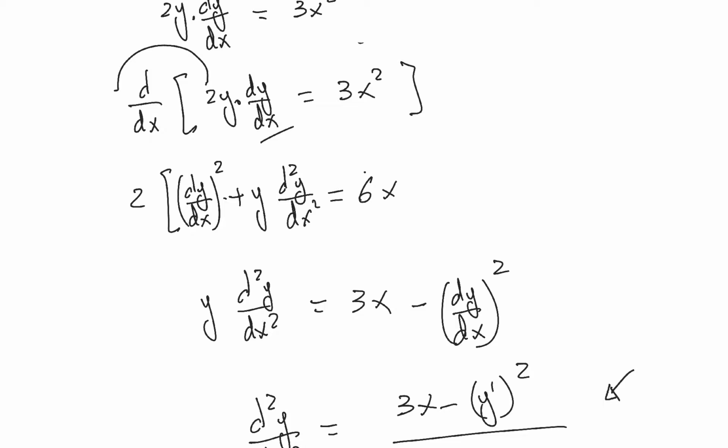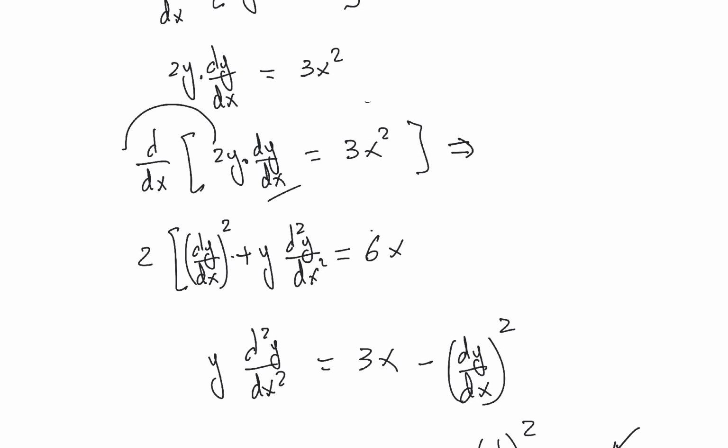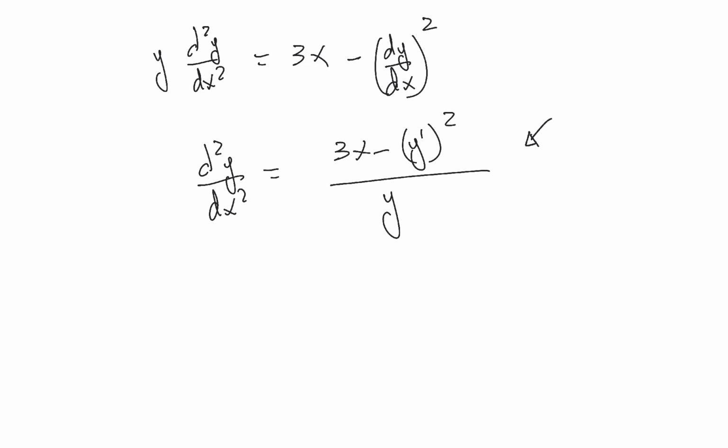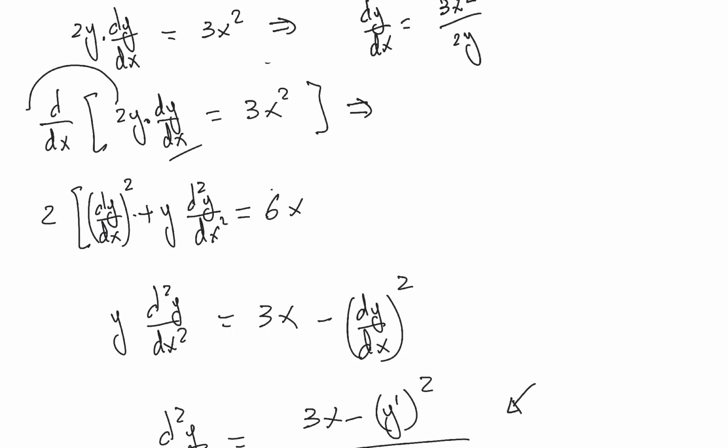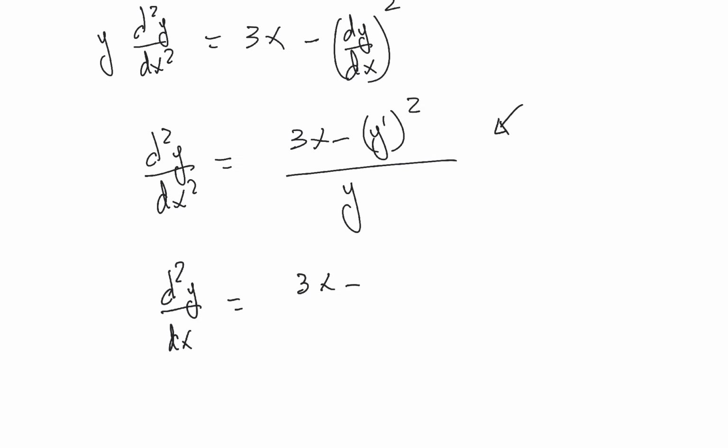From this equation, I can find the derivative of y with respect to x is 3x squared divided by 2y. So let me put it here. So the second derivative of y with respect to x will be equal to 3x minus y prime squared, where y prime is 3x squared divided by 2y, squared, divided by y.